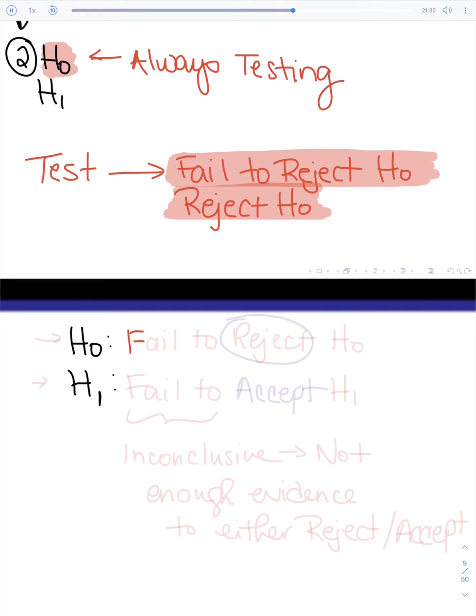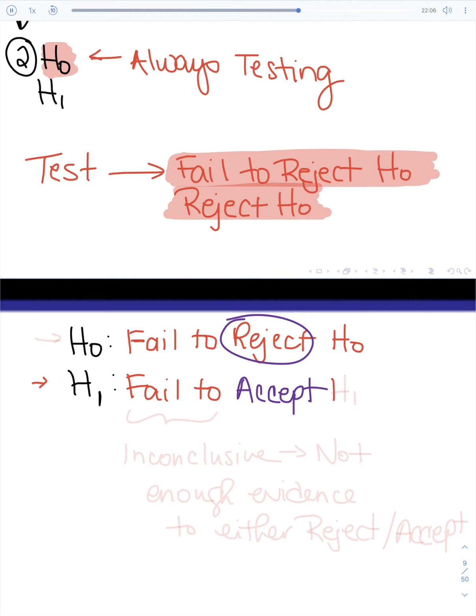I'm going to write a little fail to reject, because we said that was a possibility, H naught. Then the question is, what does that mean about H1 down below it? Well, your test is still inconclusive, but you're just going to do something slightly different. You're going to fail to do the opposite. So instead of failing to reject, you're going to fail to accept H1.